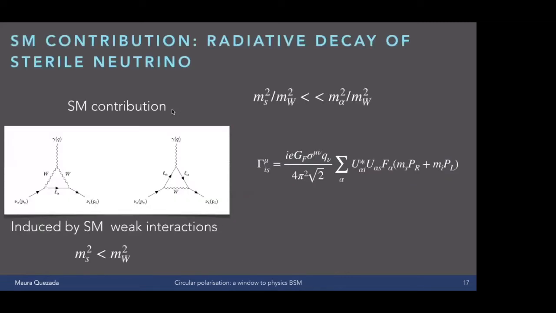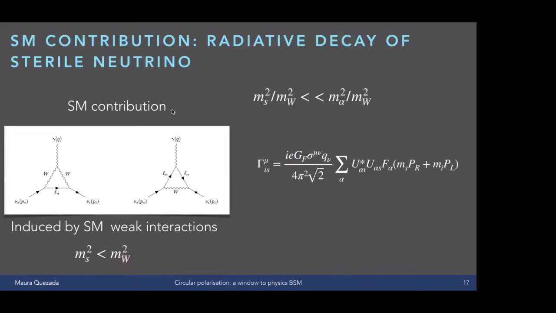So first, I'm going to discuss the case of the standard model contribution. What I mean by standard model contribution is just the sterile neutrino decay induced by standard model particles. So in this case, in the loop, I will have W bosons and leptons. And in this case, the mass of the sterile neutrino is smaller than the W boson mass, right?